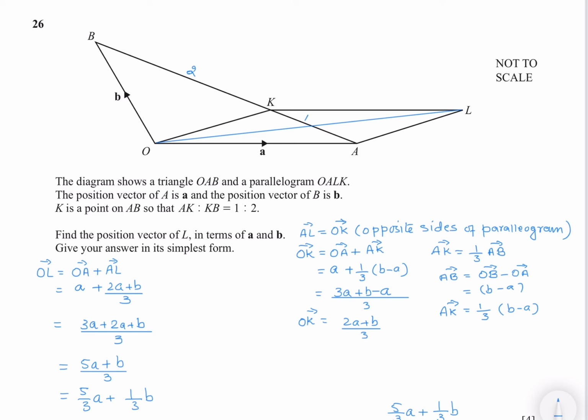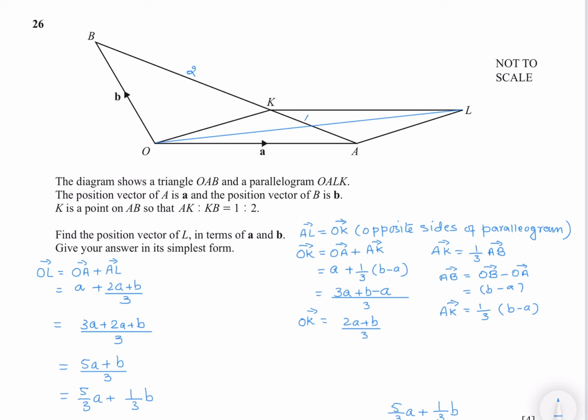AL equals OK, because opposite sides of a parallelogram. So find OK first. OK equals OA plus AK. OA is a. We don't have AK. To find AK, we have to find AB.